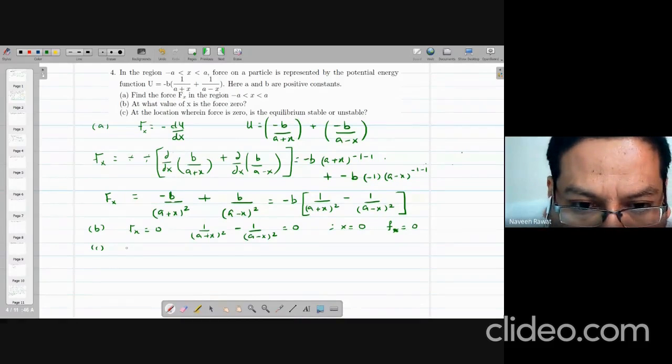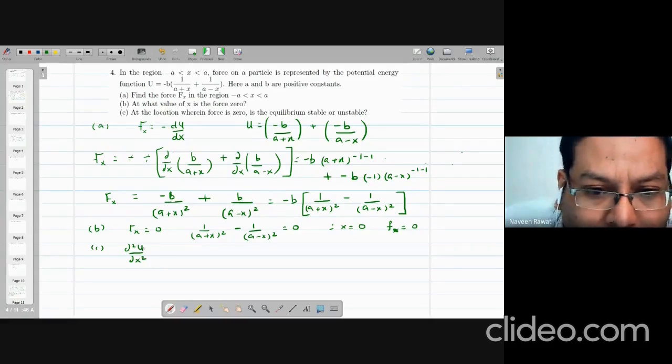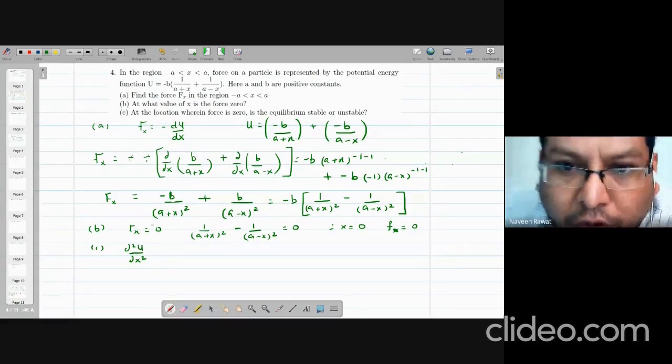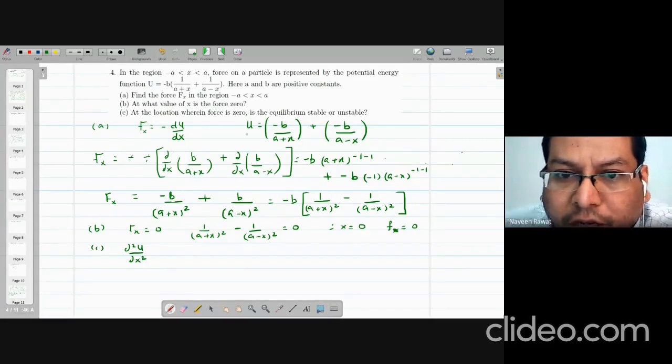The condition to find whether the equilibrium is stable or unstable is to calculate d square u by dx square, the double derivative of this potential energy function. We know what u is. We have already taken the first derivative of u, du by dx.